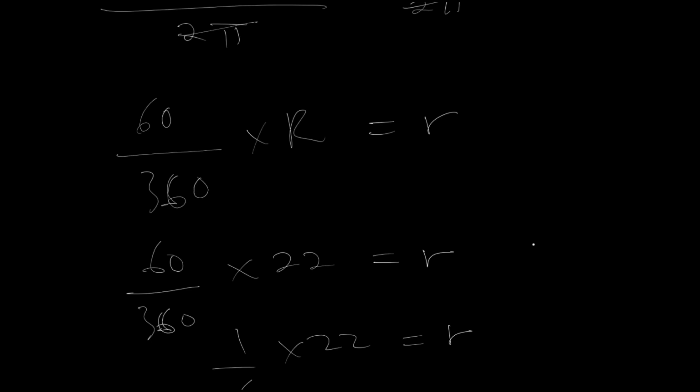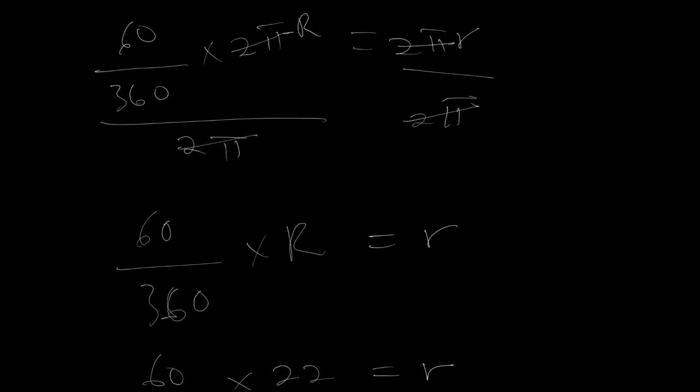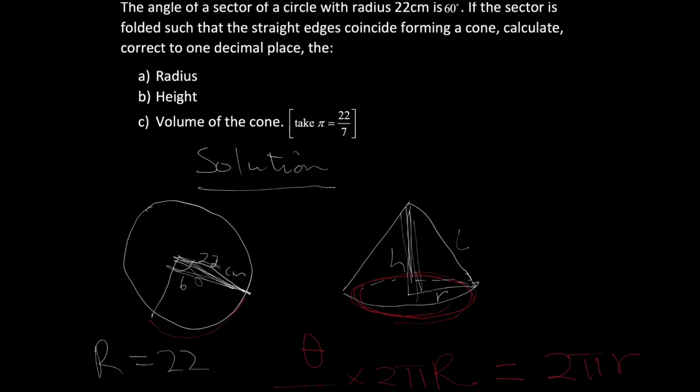Moving on to the second part of the question, find the height of the cone. We have the radius of the cone already, which is 3.7 centimeters. So let me draw the cone.